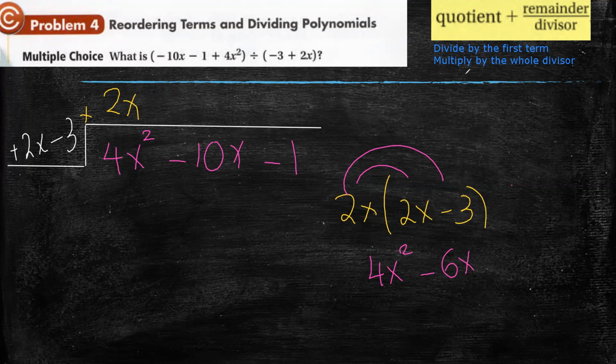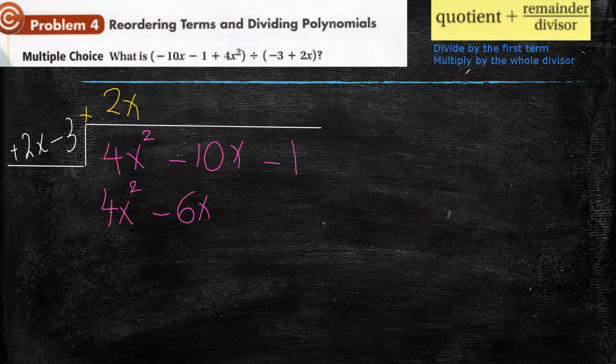Let's rewrite the answer here now. 4x squared minus 6x. Now minus. This minus changes the signs. This is minus and this is plus.